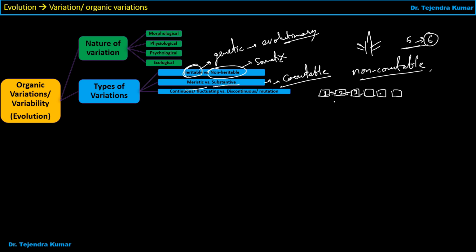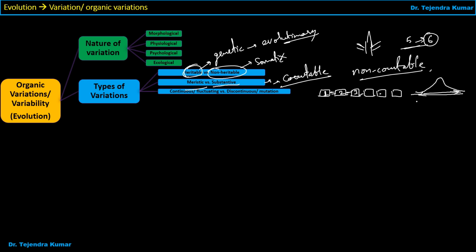So these types of variations are continuous. If we look at their graph, its range is actually large.